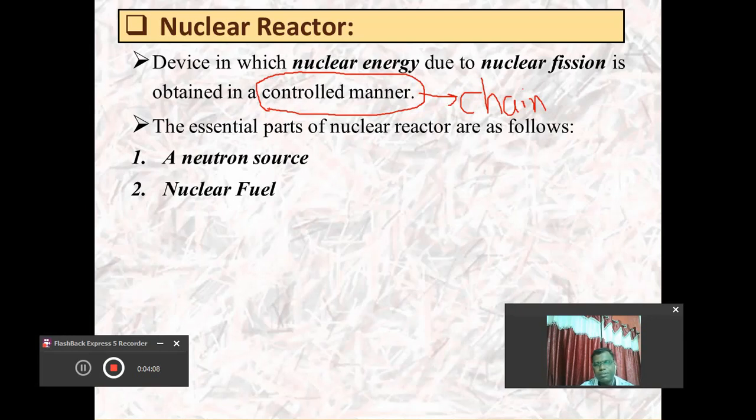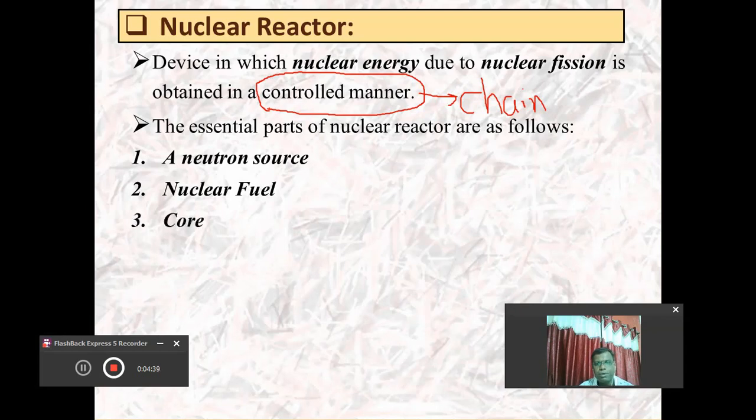Dear friends, we have two types of nuclear fuel. One is called fissile material and another is called fertile material. A fissile material undergoes fission directly, producing a large amount of energy with the liberation of neutrons, while a fertile material is itself non-fissile, but it can be converted into fissile material.